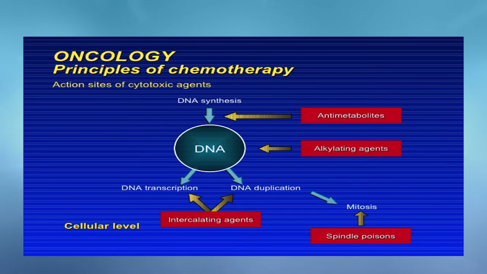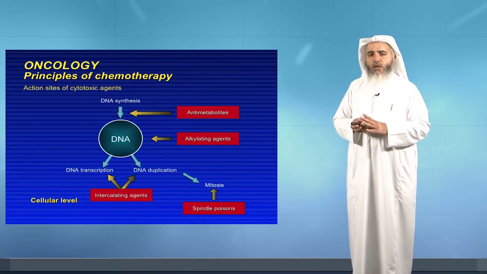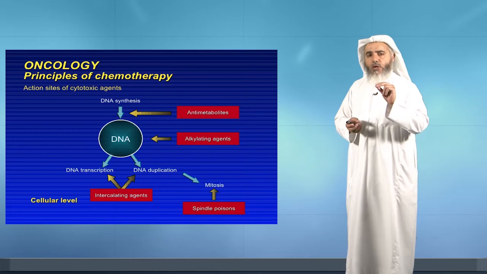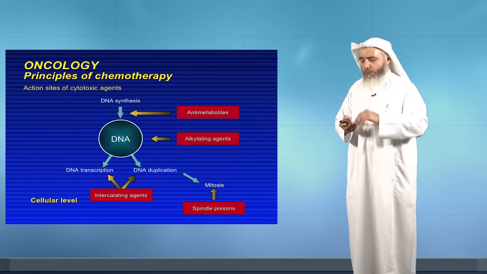The beauty of this is that when chemotherapeutic agents work at different phases, they will attack cells at any stage of the cell cycle. This gives you a benefit, and the chance of cure will be greater. This is why they design protocols for chemotherapy, for example ABVD for Hodgkin lymphoma, CHOP for non-Hodgkin lymphoma, or complex chemotherapeutic protocols in leukemia and Wilms tumor. They try to choose one drug from each group, so that we attack the cells at different levels of the cell cycle.